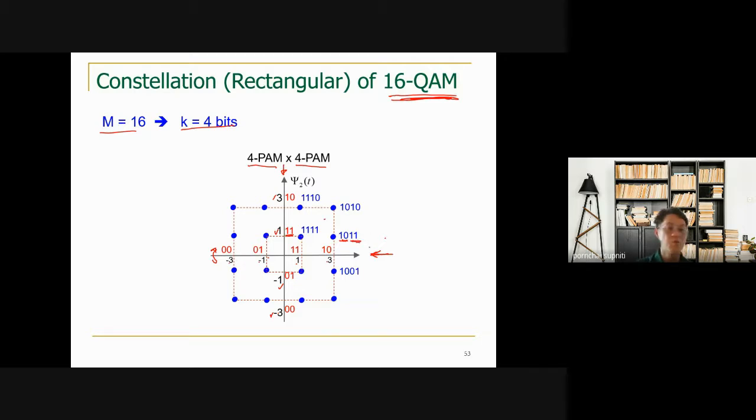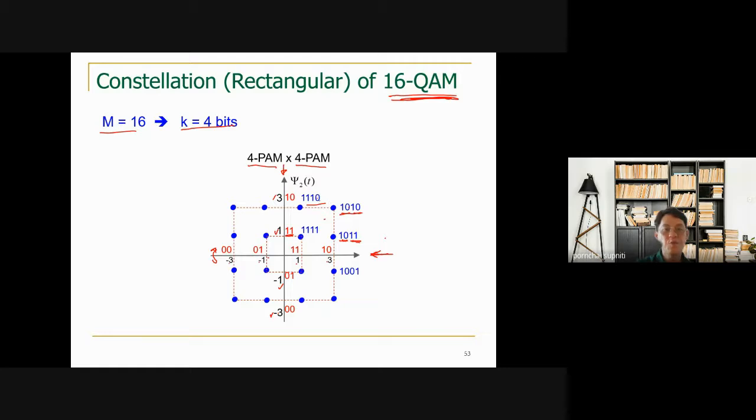That's all we do. The first 2 bits come from the x-axis, and the remaining 2 bits come from the y-axis. This is the direct mapping, so that neighboring symbols are just 1 bit different.